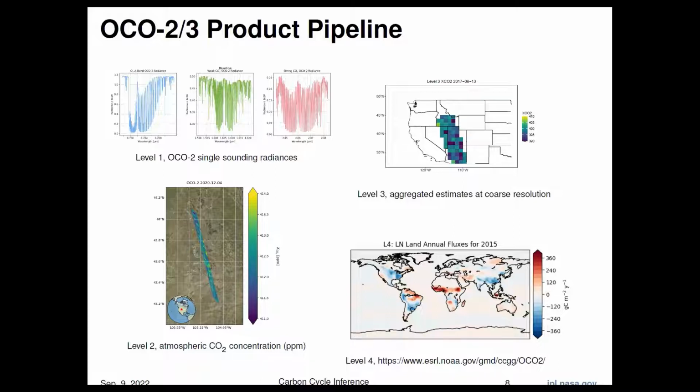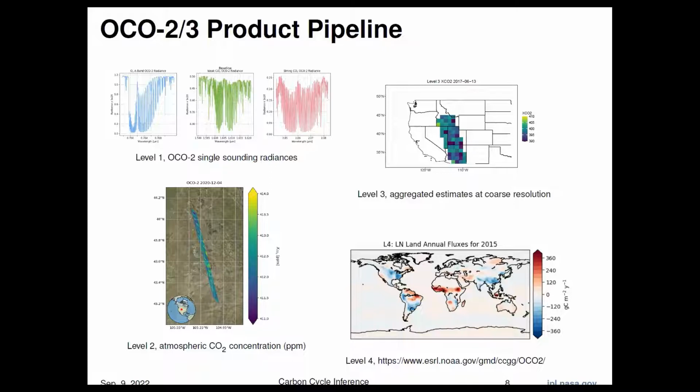The convention is that the sign of these fluxes is relative to the atmosphere. A negative value means that carbon is being taken up by the land or the ocean from the atmosphere, and red positive values are net releases of carbon into the atmosphere. This is just an example over a 1-year period during the OCO2 mission.